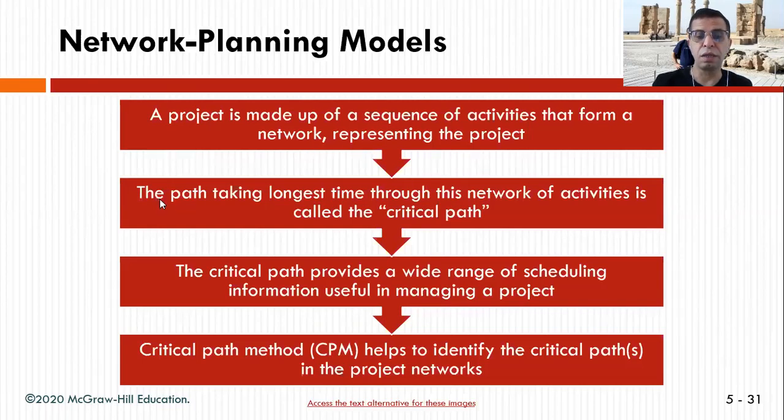We said that. The longest path taken through the activities is called the critical path. And the critical path provides a wide range of scheduling information useful in managing your project. We look at the critical path because we want to get more information. It can help us in understanding how the project is going.